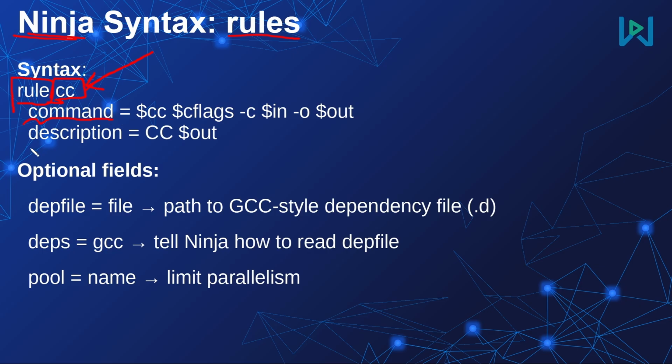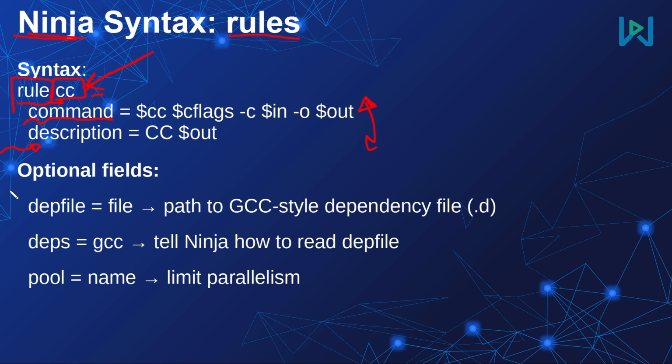We can assign a certain description to our Ninja rule using the built-in variable description. Those two lines are a must for any Ninja-based rule.